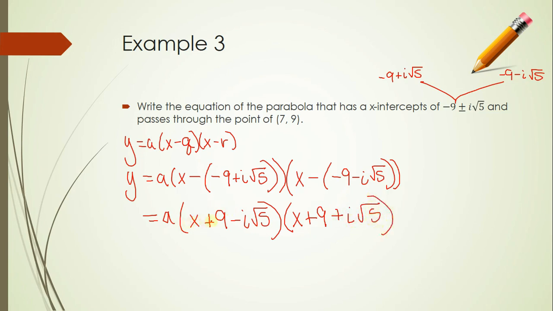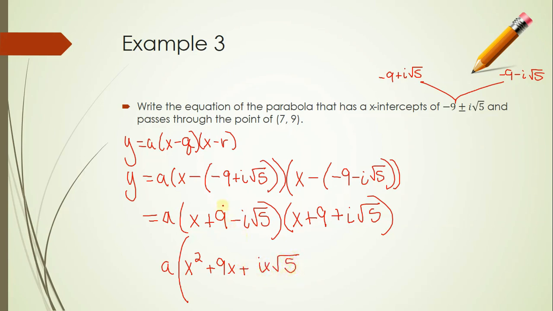Okay, let's multiply all this in. It's going to be a lot longer foiling because it's trinomial times trinomial. I'm going to forget about the a for a little bit. x times x is x squared. x times 9 is 9x. x times i square root of 5 is ix square root of 5.